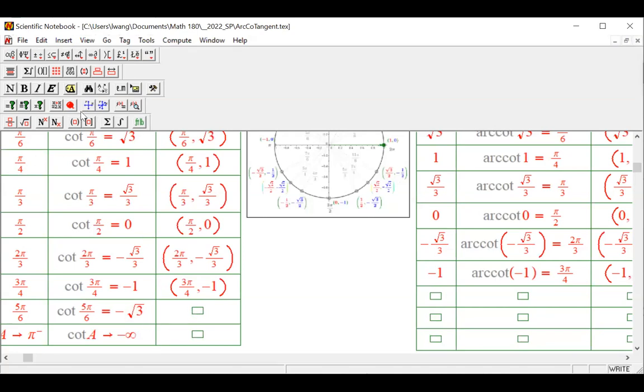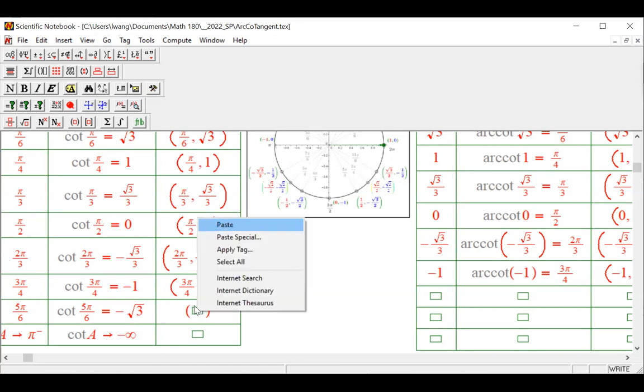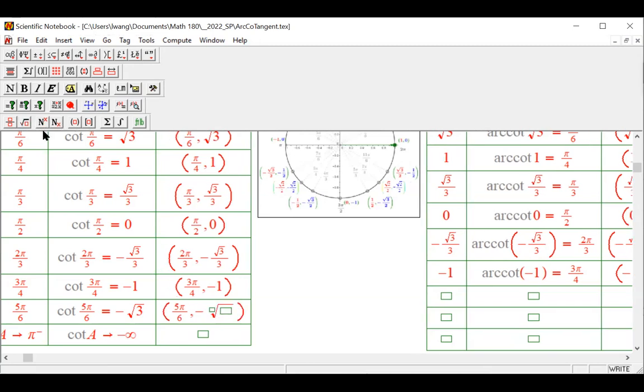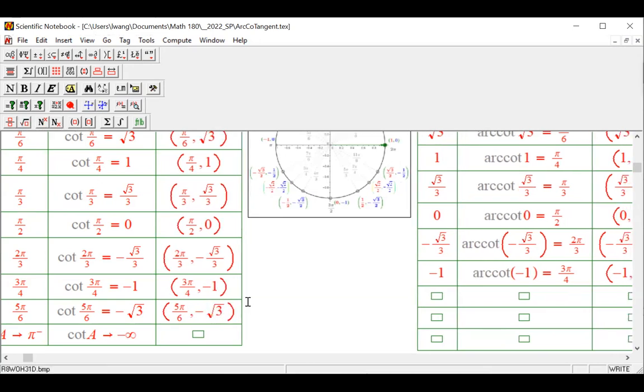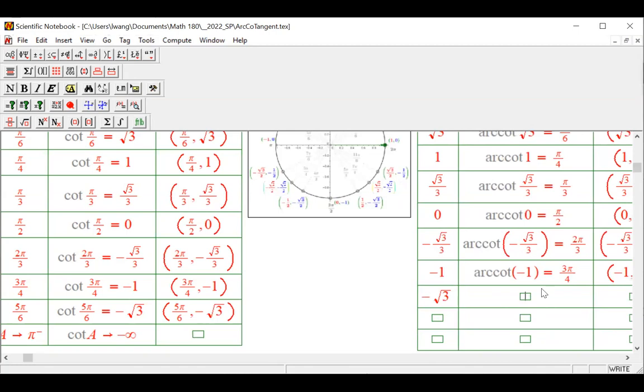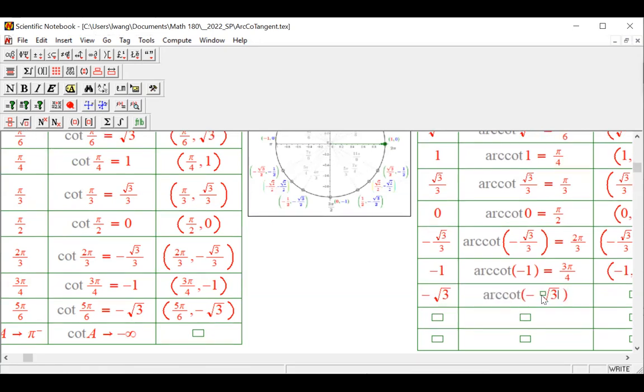The point input, output, which is 5 pi over 6, comma, -√3. Input, output in that order, consistently. Now -√3 is the input for ArcCotangent. So ArcCotangent of -√3, see, that's 1 to 1.